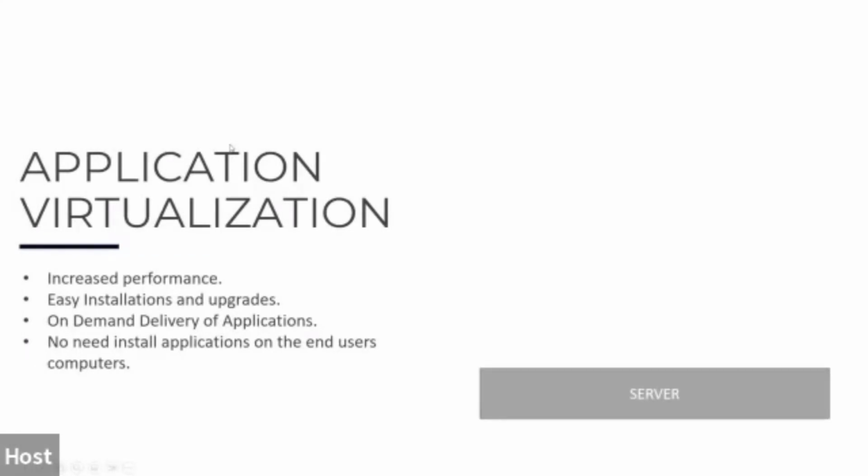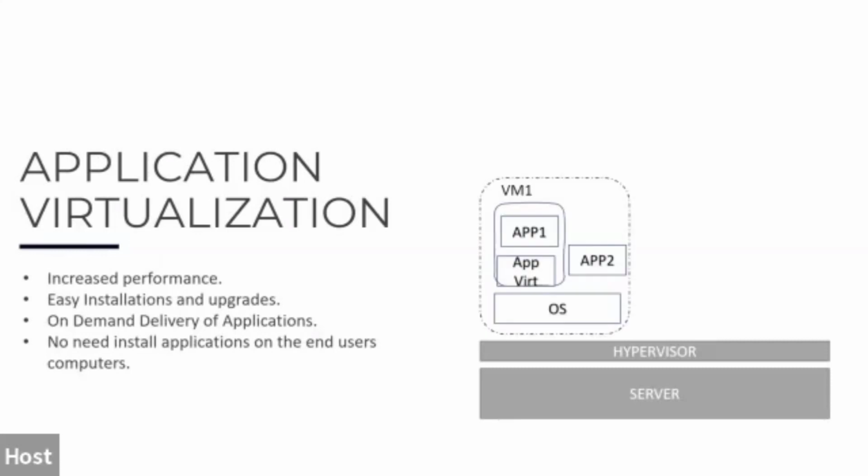So the server is there. The server is the company's server. The hypervisor is on top of it, and they have VMs. That VM has an operating system, correct? And on top of that, they're installing application software. And on top of that, they're installing the app that you want, the app that has to be virtualized.